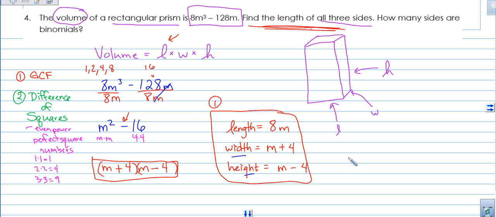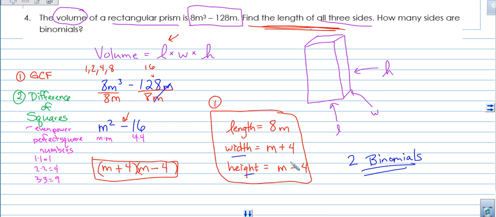So there are two binomials. Okay? So that's the answer to our second question. The length is not a binomial because this is 8m, which is one term, because there's not a sign separating it like these have. Okay?